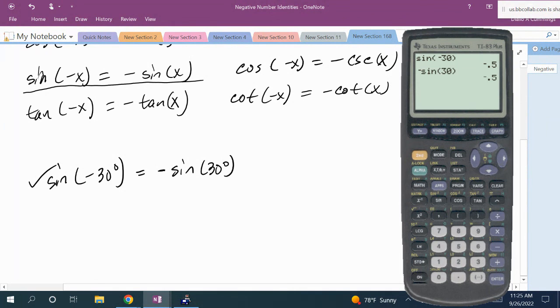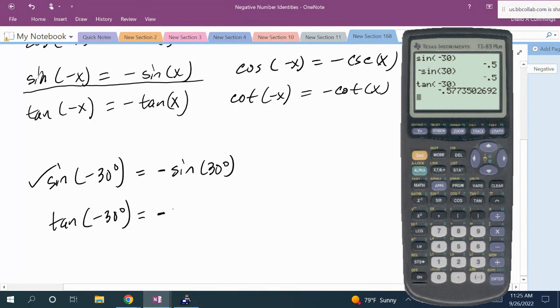Tangent is the same way. So let's say the tangent of, and I'll just use negative 30 and 30 degrees. So if I were to put in the tangent of negative 30 degrees, right, I get negative 0.57.